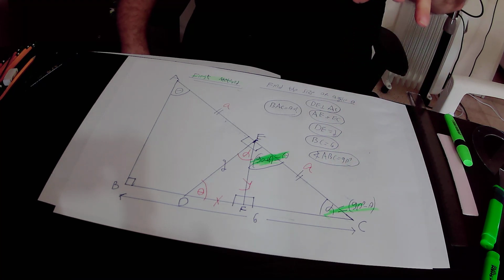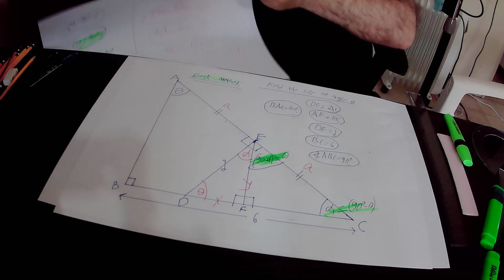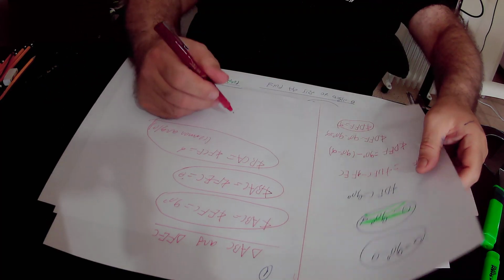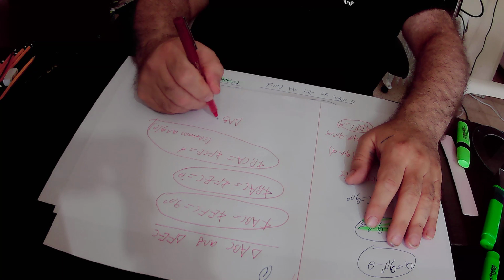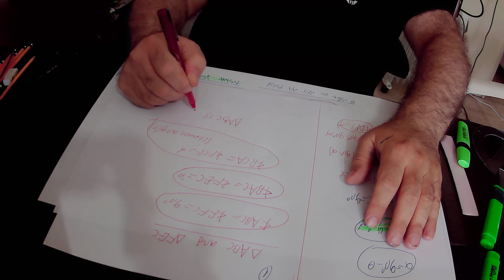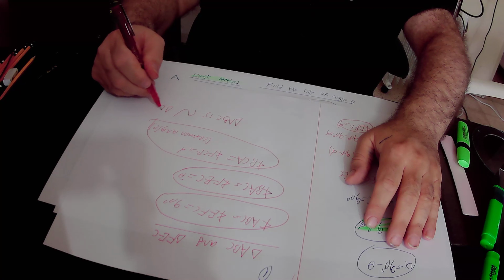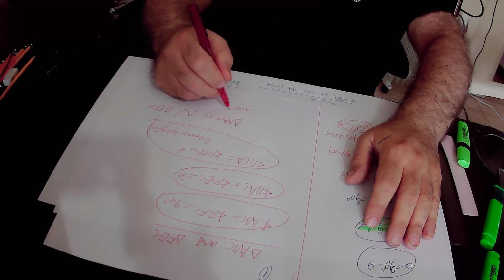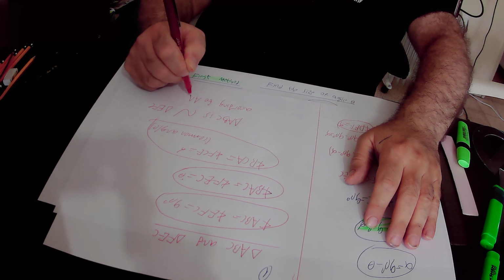Therefore, triangle ABC is similar to triangle EFC according to the angle similarity rule. Triangle ABC is similar, this is the sign of similar, to triangle EFC according to the angle similarity rule.